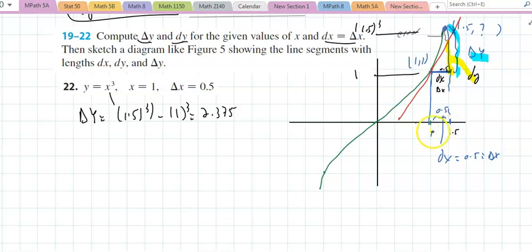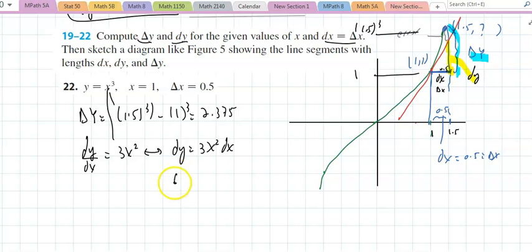And that's 1.5. If I look at what dy is, the derivative of this is 3x squared. And if I use differentials, I cross multiply, and I'll say dy is 3 times x, which initially was 1.